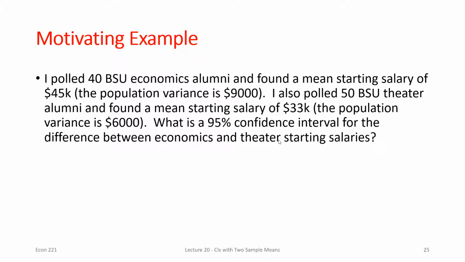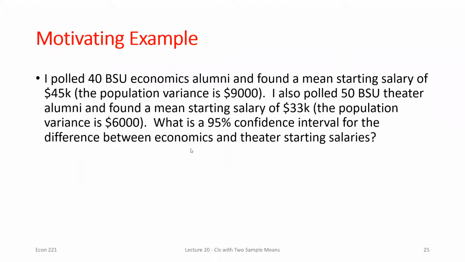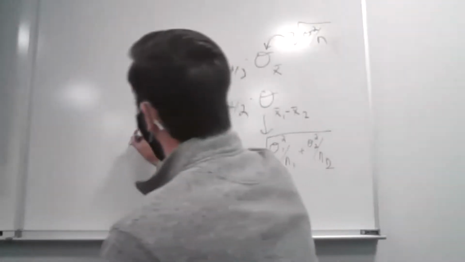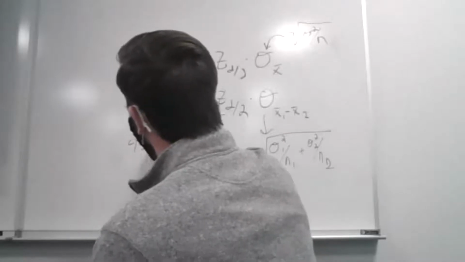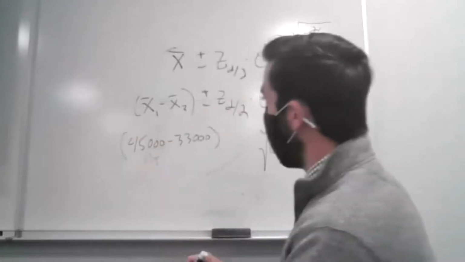Well, the first thing I think is always probably the best way to do it, if we think about our confidence interval equations here, let's just figure out what the difference is that we're building our confidence interval around. So if we look here, 45,000, 33,000. So if we think about plugging those values in, 45,000 minus 33,000, right?